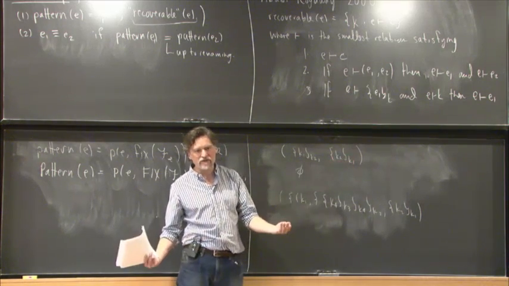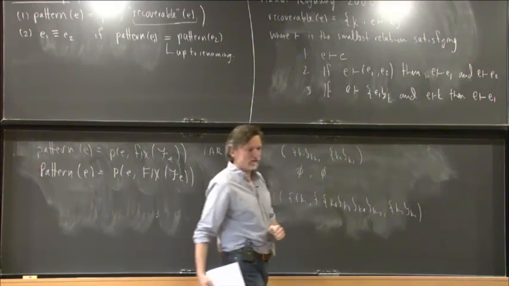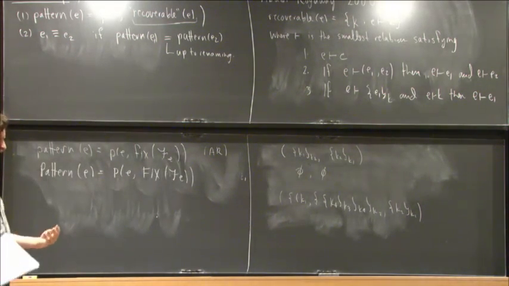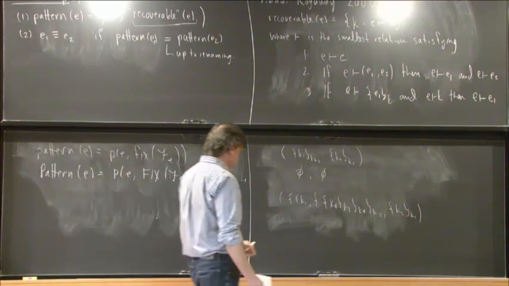Then when we apply the R function, we get back the empty set. So the key recovery operator bottoms out, we don't have to go any further. We've reached a fixed point in this case.